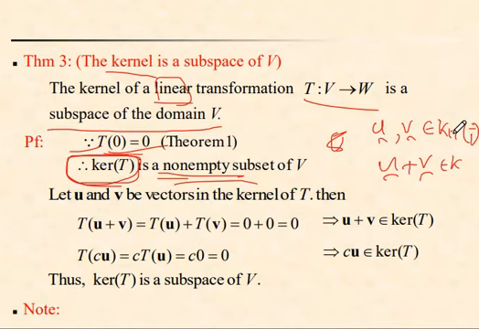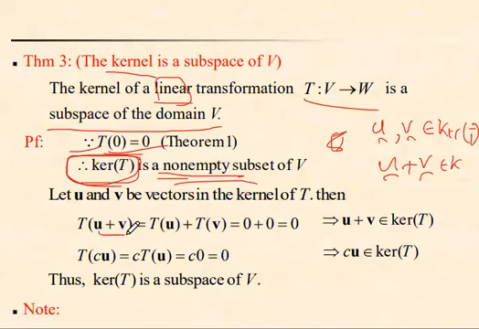U is an element in the kernel of T, that means U maps to the zero element in W. Because V is in the kernel of T, this one is also equal to the zero element in W. Zero plus zero is zero.